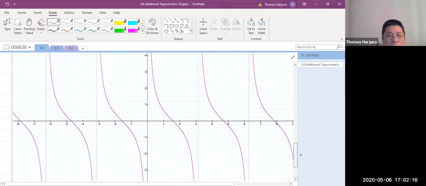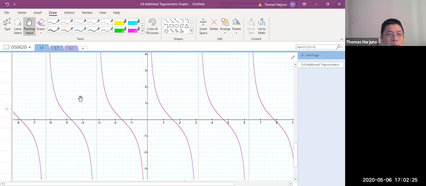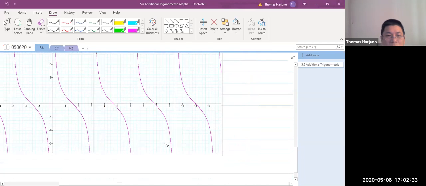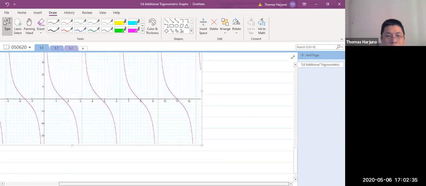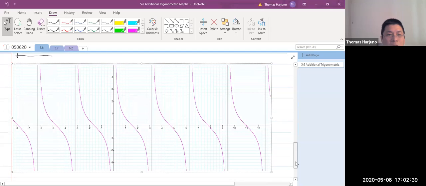Now you look at this and say, oh, Thomas, I don't really get it. Maybe I make it a bit smaller. Too much detail. This is the graph of cotangent.